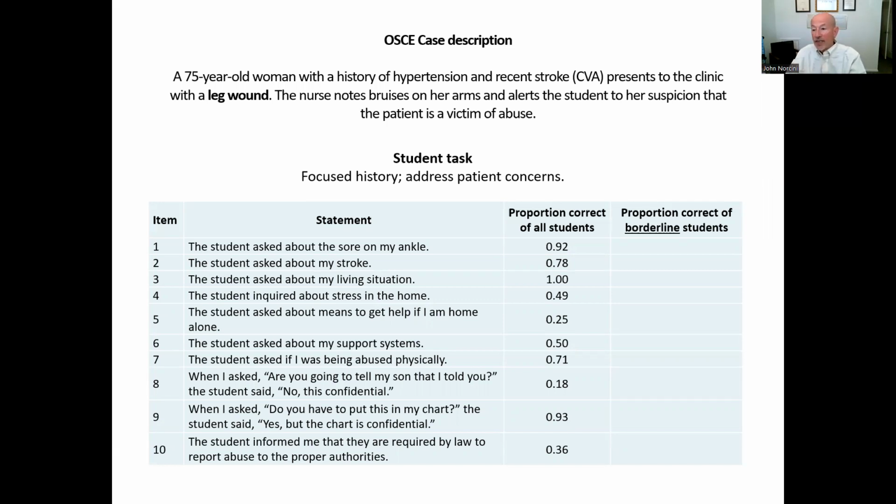What you need to do in the Angoff is estimate what proportion of a borderline group of examinees would have asked about the sore on the ankle, or what proportion of the borderline group for the second item would have asked about the stroke, or the third item, my living situation. So it's exactly the same as with the Angoff method.